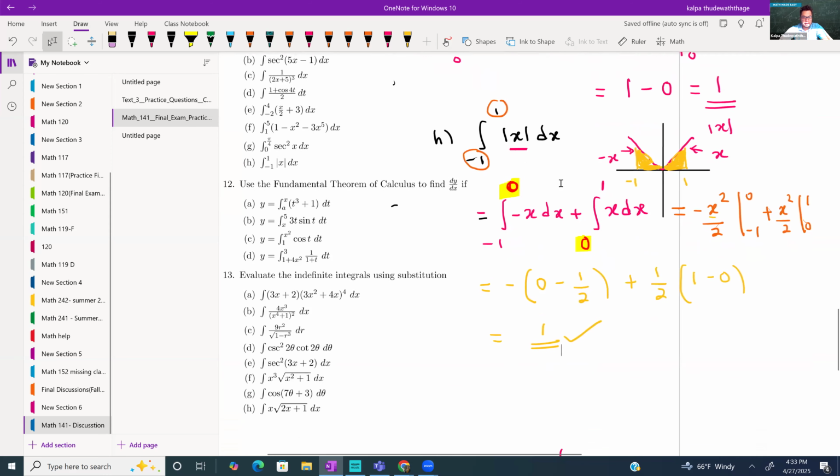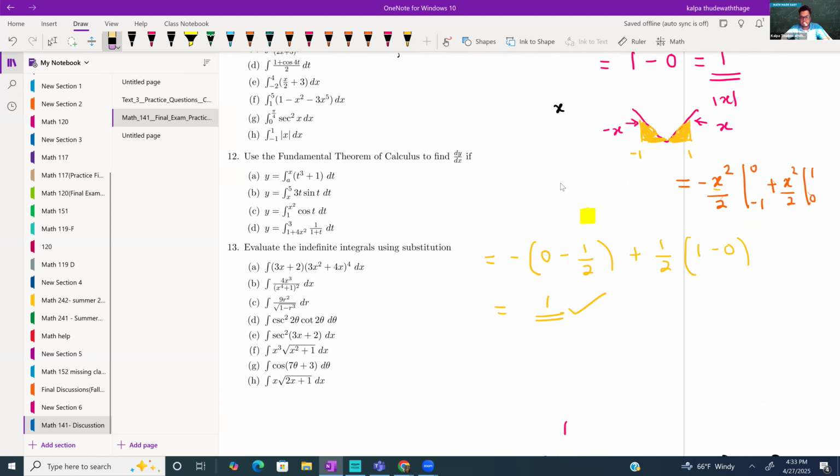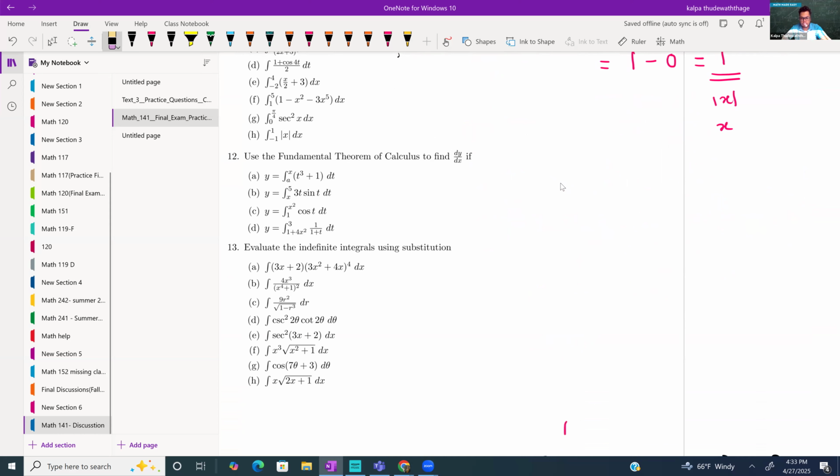Okay. Number 12. In number 12, you have to use the fundamental theorem of calculus. I'll give you the general version.